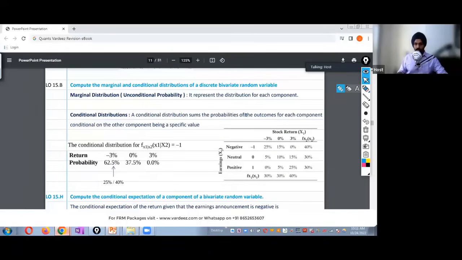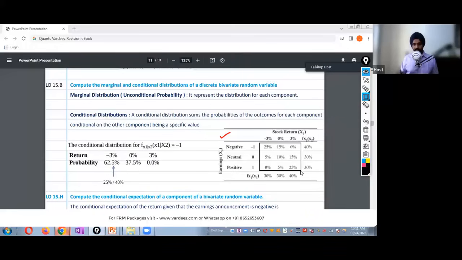Okay, moving on to the marginal and conditional distribution of a discrete bivariate random variable. If you want to find the marginal distribution or the conditional distribution of two random variables, how can you find that? For that, we have this probability matrix that is given to us.